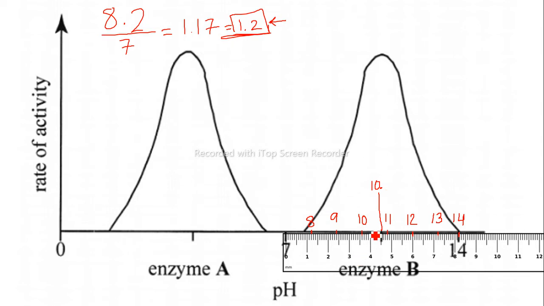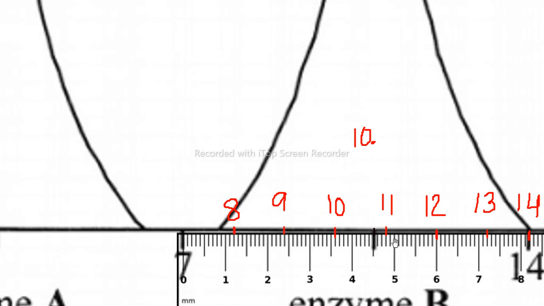This is 10. This is 10.8, more 10.8. If you look carefully, this is 10 right here, right? This is 11 right here, right? Let me open it wide. Okay, you can see it now. This is 10, right? This is 11. This is where our point is right there in the middle.